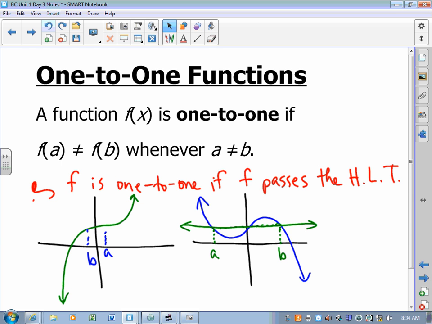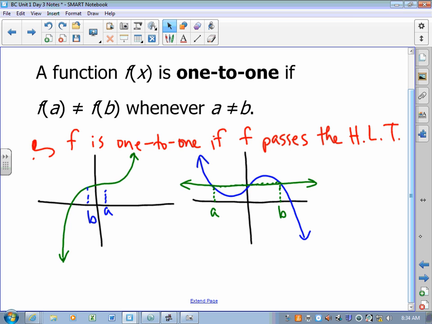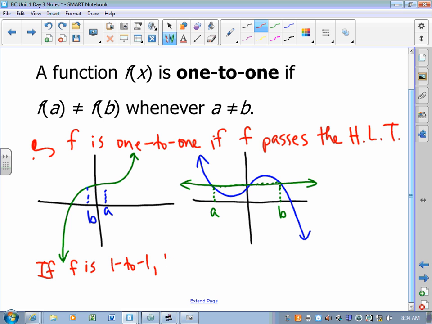Okay, so why does that matter? Well, if f is one-to-one, here's the big deal, then f inverse will be a function. That is the big deal. I'll even write out function. It's so important.